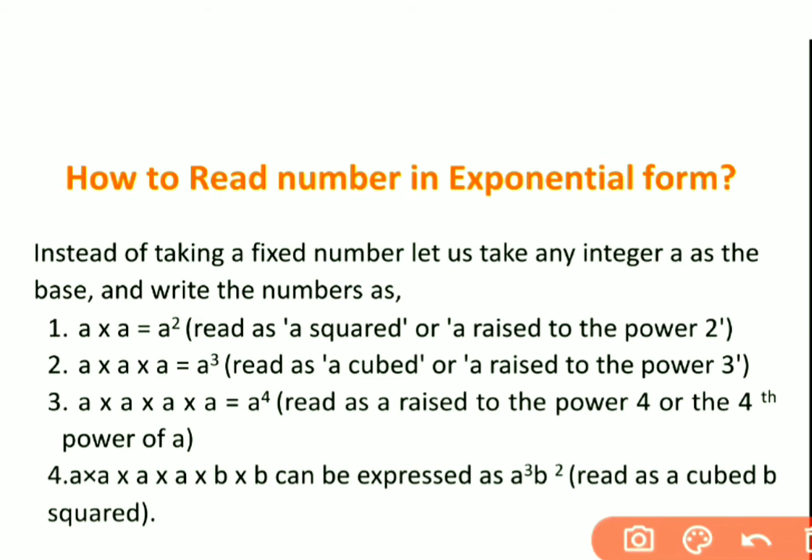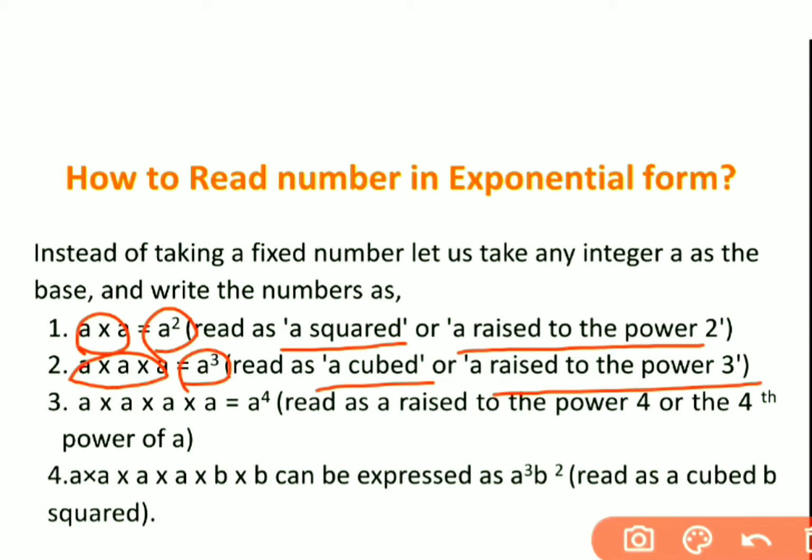When a is multiplied by itself two times, you get this, and this is read as a squared or a raised to the power 2. Next, a is multiplied by itself 3 times, you get a as the base and 3 as the exponent. This is read as a cubed or a raised to the power 3.